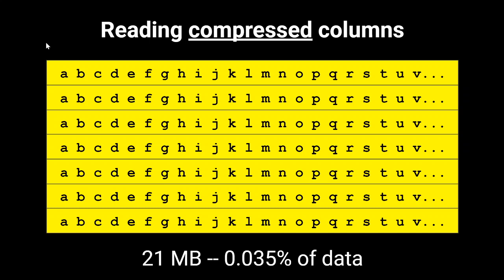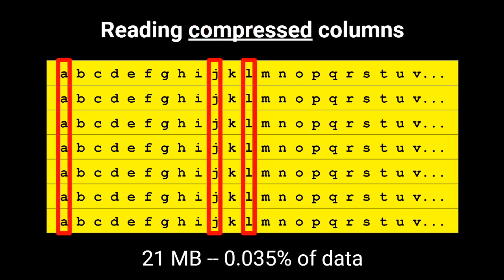So with compression enabled, and it is by default, when we run the query, it completes very quickly. And as you can see down at the bottom, the reason it completes so quickly is it vastly reduces the amount of I/O we have to do. This compression has reduced the entire data that we have to read to about 21 megabytes, which is a reduction factor of something like 100-fold from the uncompressed data.